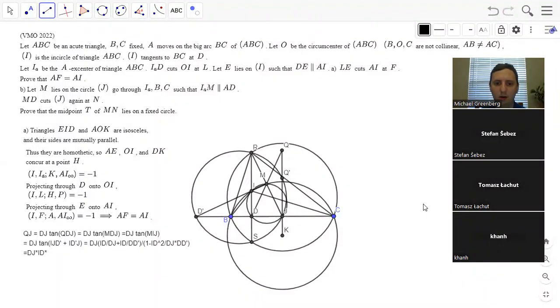So we have that RQ prime is JI, which means that RIJQ prime is a parallelogram. And that basically solves that JQ prime, that length is constant, since RI is actually constant when you move it on this circle RBC. So I gets moved around.